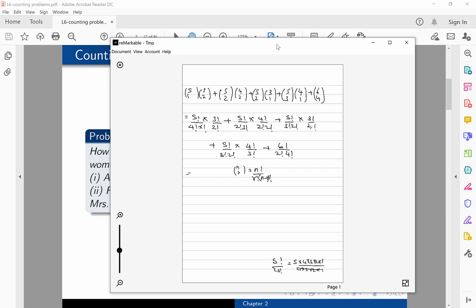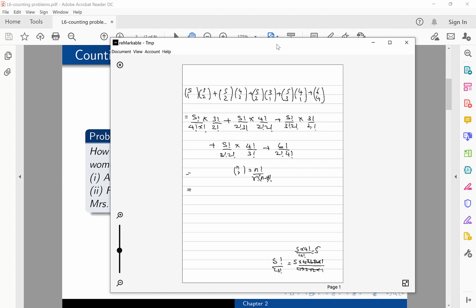So this will cancel out, and only 5 will be left here, right? You can also think of this as 5 times 4 factorial divided by 4 factorial, and you're left with just 5.